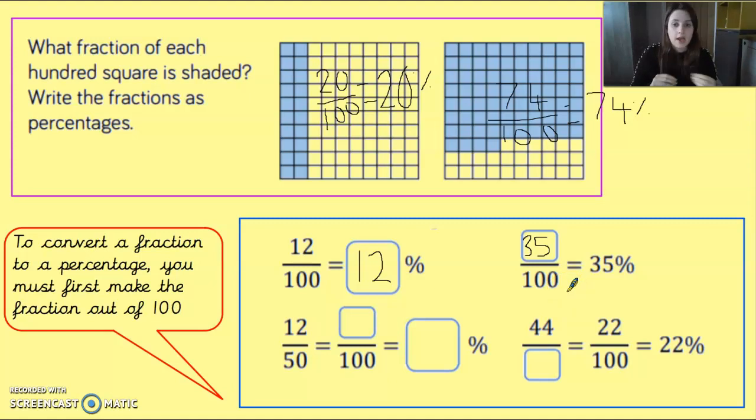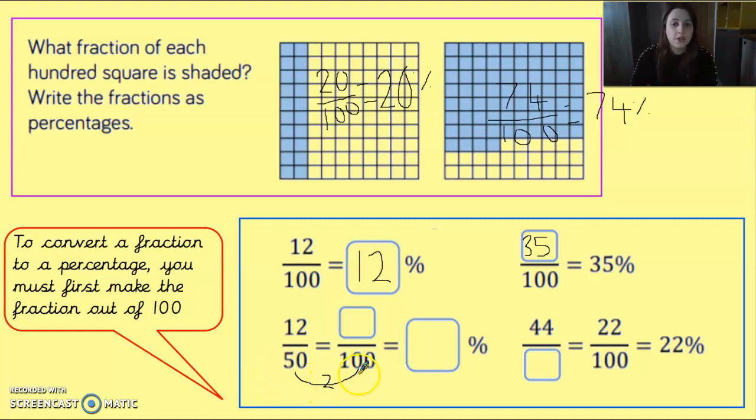Sometimes it's a little bit trickier where your fraction isn't out of 100 first of all. So all we do is what we've been doing with our fractions and we convert it. So we think, I've got 12 50ths. What do I times 50 by to get 100? I know I times 50 by 2 to get 100. And we did this without adding and subtracting.